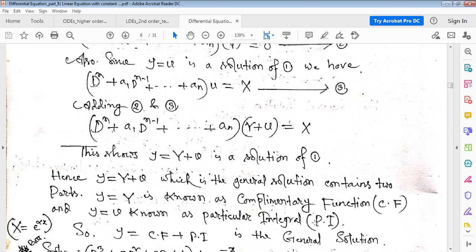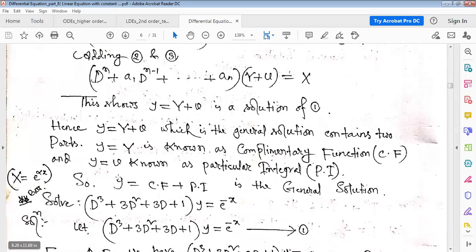That means there are two parts, one for the left hand side and the other for the right hand side. For the auxiliary equation we get the complementary function, then for the right hand side we get the particular integral. So the total solution will be complementary function plus particular integral.